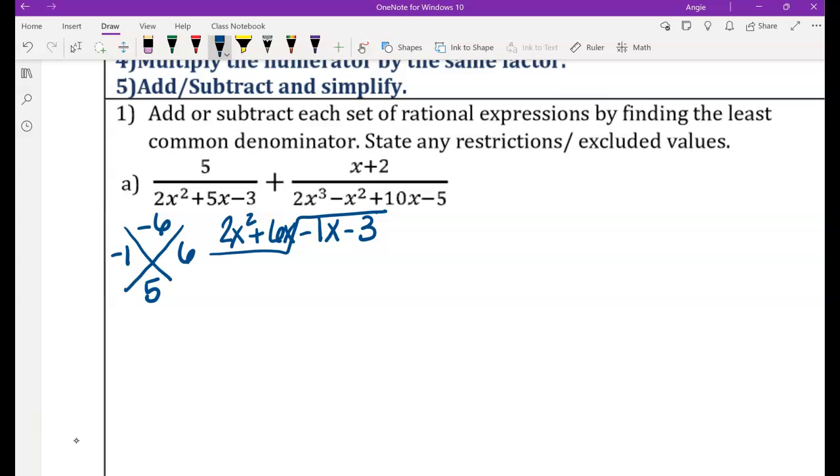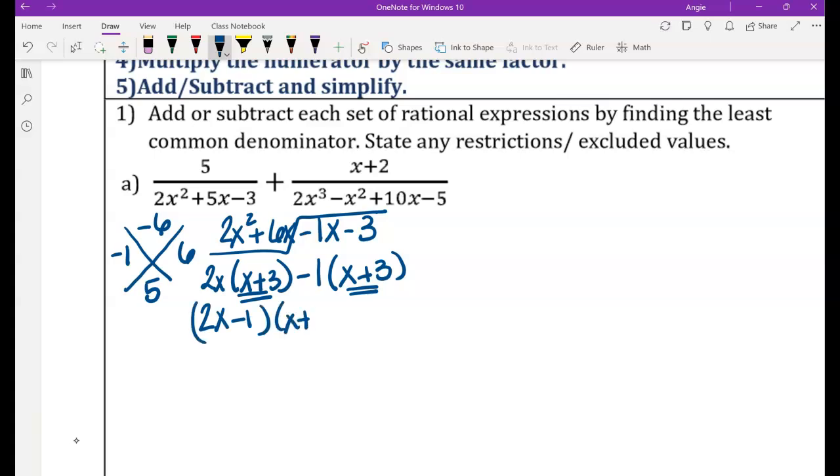Make your fencing. The first two have 2x in common, so let's factor that out. Now we have x plus 3. If we see a minus, we take out a minus. In this case, we take out -1, and then we are left with x plus 3. Those two are identical. So now our two factors are going to be 2x minus 1 times x plus 3.